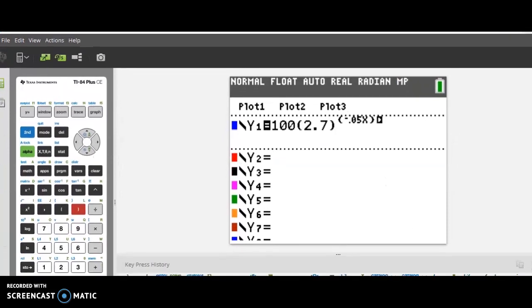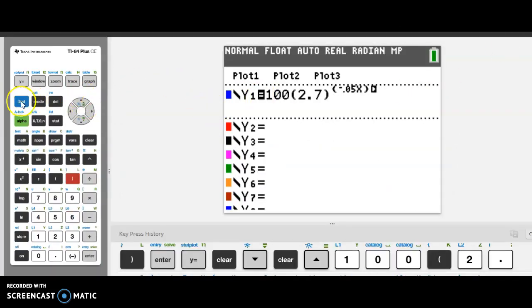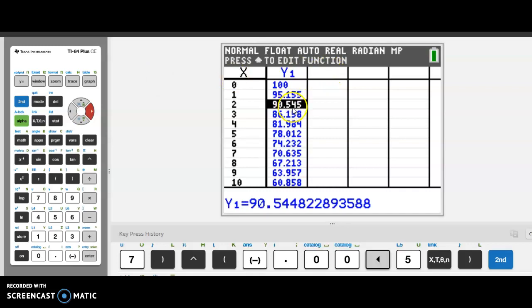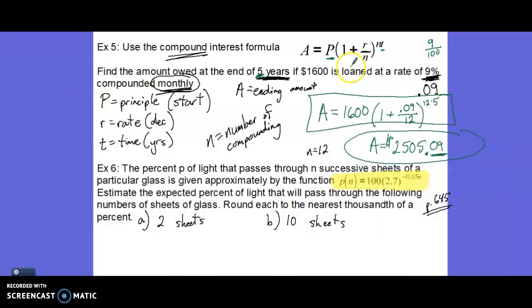And what you could do instead of going to the graph is you can hit second graph. And you can look at your table and say, okay, well, at 2, we're going to get 90.545. 90.545% will pass through.